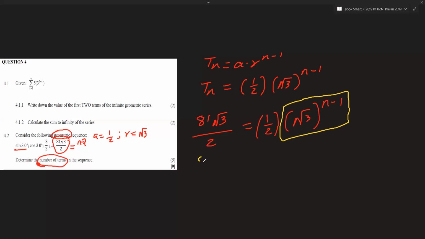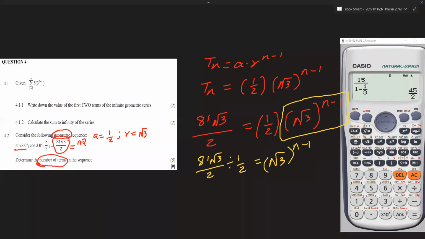So I'm going to have 81 square root 3 over 2 divided by 1 over 2 equals square root of 3 to the power of n minus 1, right? And now we're going to use our calculator quickly. Let's see. So I have 81 square root 3 over 2 divided by 1 over 2.